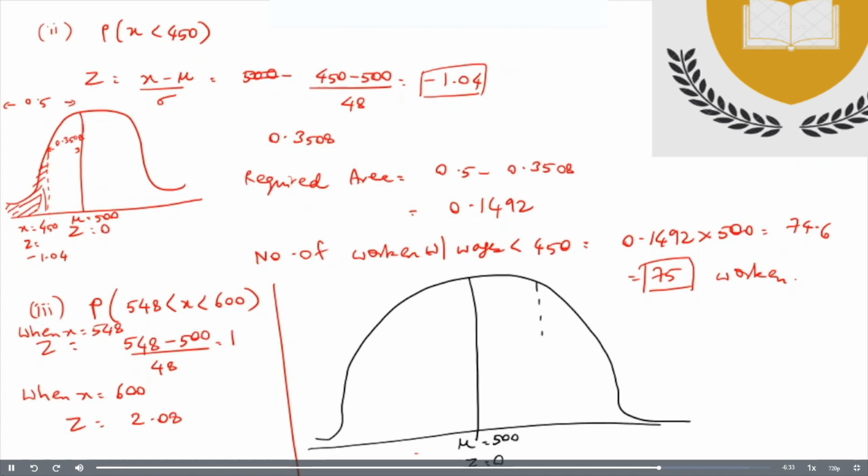Then this is x equal to 548 and this is x equal to 600. At this value z is 2.08 and at this value z is 1. Now I need to find the probability that x is less than 600 but more than 548. X should be less than 600 means it is up to this value, and x more than 548 means it should start from this value.